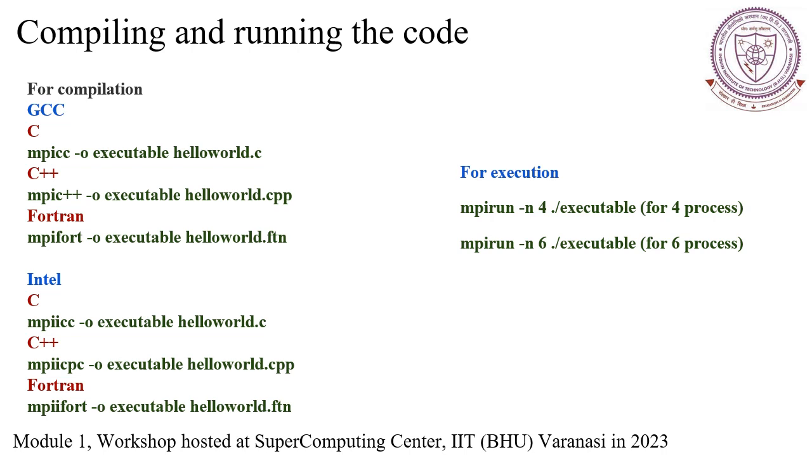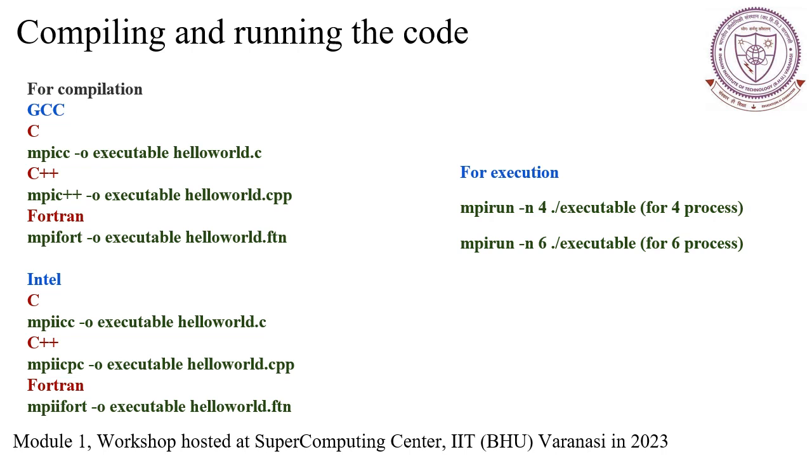Similarly for C++, you do mpic++ -o, your executable name, then hello_world.cpp, your C++ file. Then for the Fortran compiler, we do mpifort -o, then the executable name, then hello_world.f. So these are the steps used for GCC compilation.